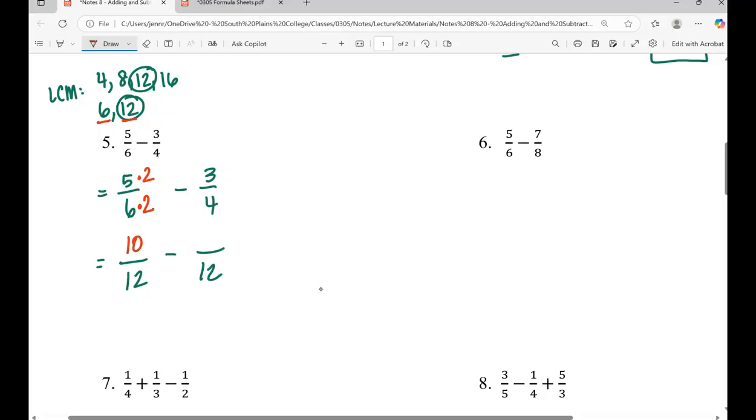In my 4 list, it took 1, 2, 3 groups to get to 12. So 4 times 3 is 12. 3 times 3 is 9. Common denominator stays common. Subtract across the top. 10 minus 9 is 1.